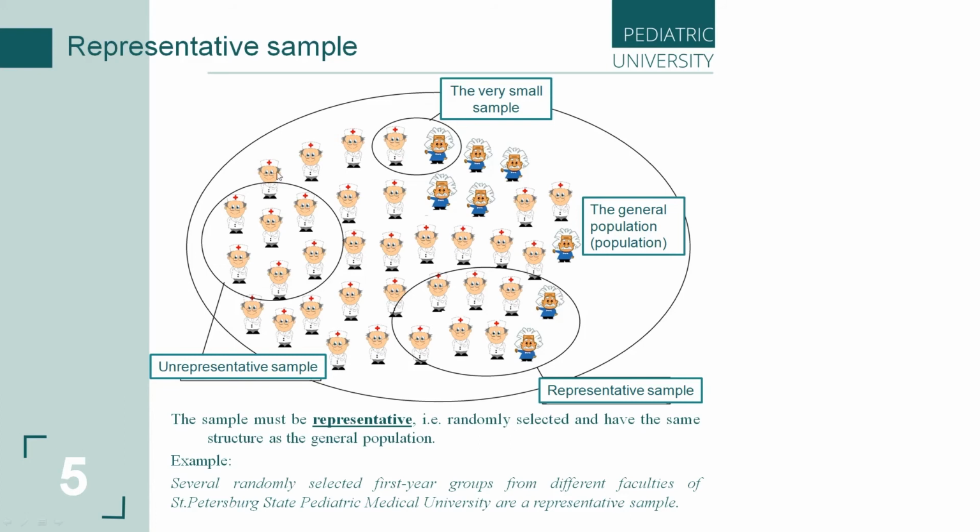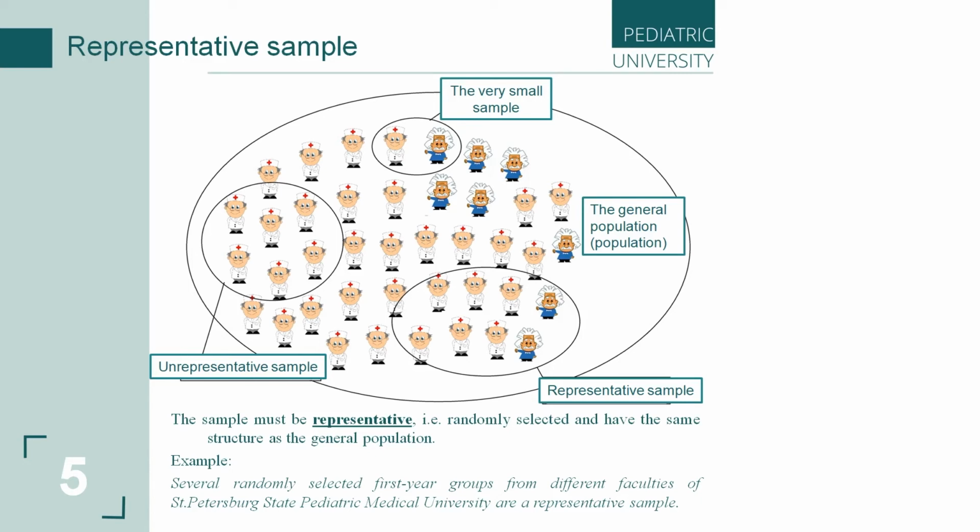We have all different students, and if we take only dental students, this sample would not show the real structure of the whole population. There are other students in the university besides dentists, yeah? And the result that we will get by studying only dental students will not allow us to draw a conclusion about first-year students in the university.